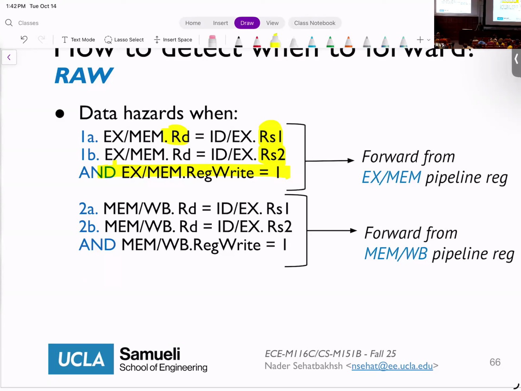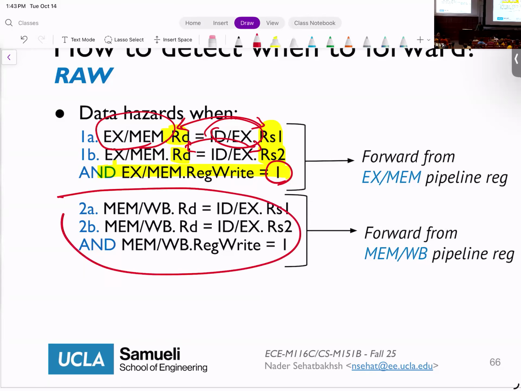Okay, so you forward only if either RD is equal to RS1 or RD is equal to RS2, where this is the old instruction, this is the new instruction, and you're writing to RD, right? So this is the second thing that you're checking. In that case, you're forwarding from the memory stage to the ALU execution stage.